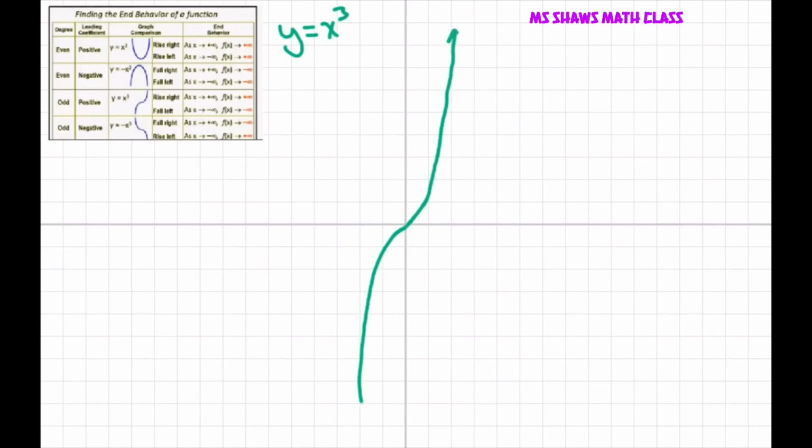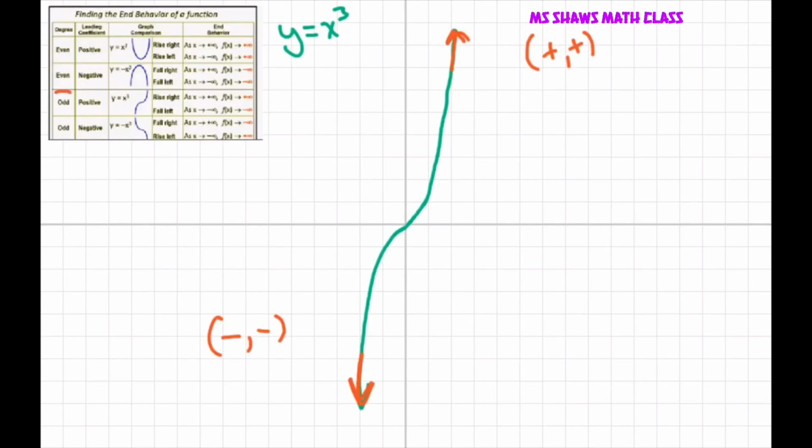When you're discussing end behavior, we're looking at where we start as we graph from left to right. We're going to be starting in quadrant 3, and we're going to be ending in quadrant 1.